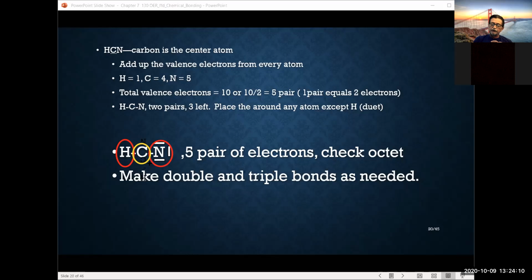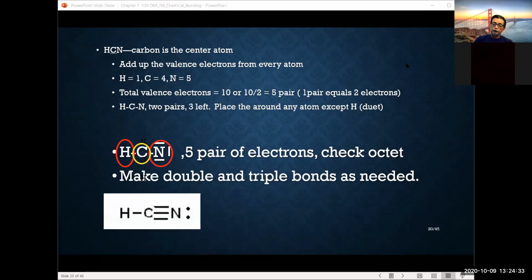Now, since nitrogen has extra electrons sitting there doing nothing, we can borrow a pair or maybe 2 pairs from the nitrogen and create a double bond or a triple bond until the octet is fulfilled.